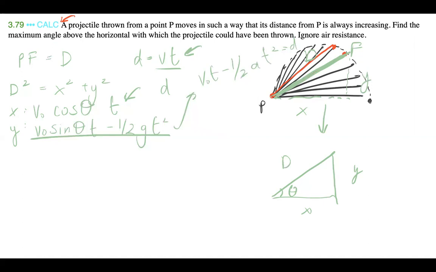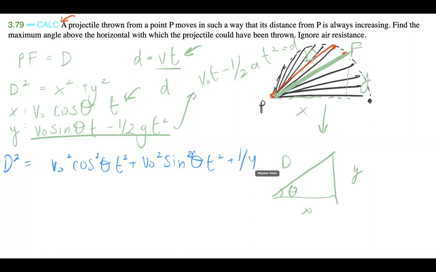Okay, so once we do that, we know that d squared can be rewritten as x squared and y squared. So v naught squared cos squared theta t squared plus v naught squared sine squared theta t squared plus 1/4 g.